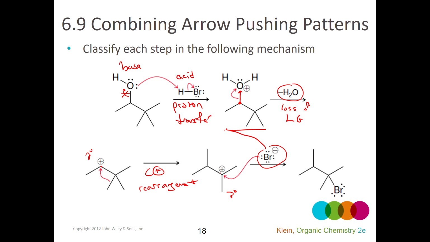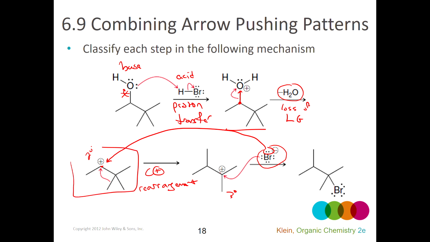Because if the Br minus were to come in here, it would not happen very often. From kinetics, we learned a collision is required to break or form bonds. So if I want to form a bond between this bromine's lone pair and this carbon, it requires a collision specifically where the bromine collides at that carbon. And that may not happen very often.